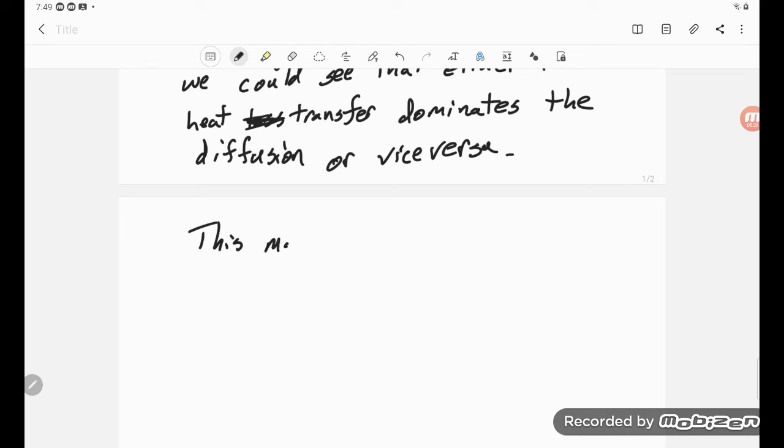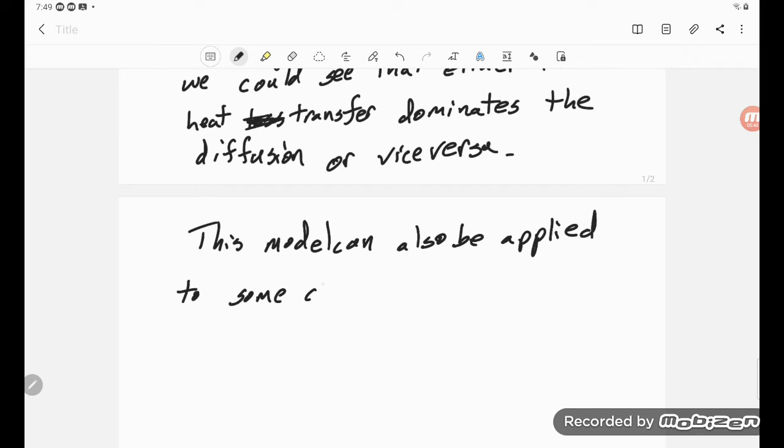This model can also be applied. Instead of looking at heat, this could be applied to some chemical reactions. You know, where maybe you're making one substance out of another.